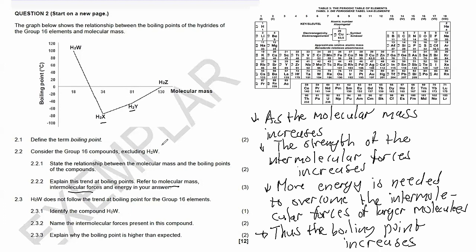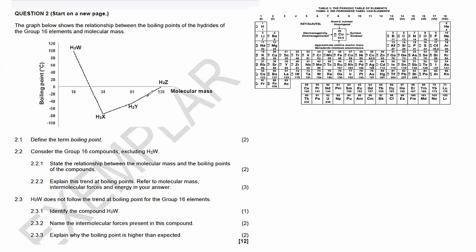Okay, so in 2.3, it is saying H2W does not follow the trend in boiling point for the group 16 elements. As we can see, it is an outlier there. It is the only one with a very high boiling point, which is not following the trend of these three other compounds here.